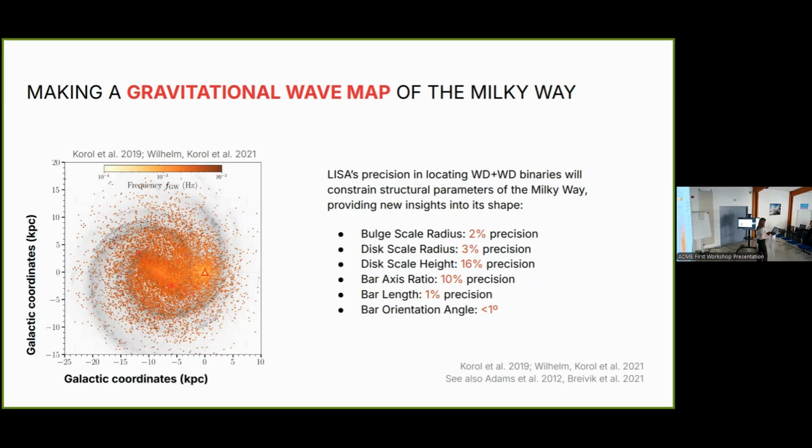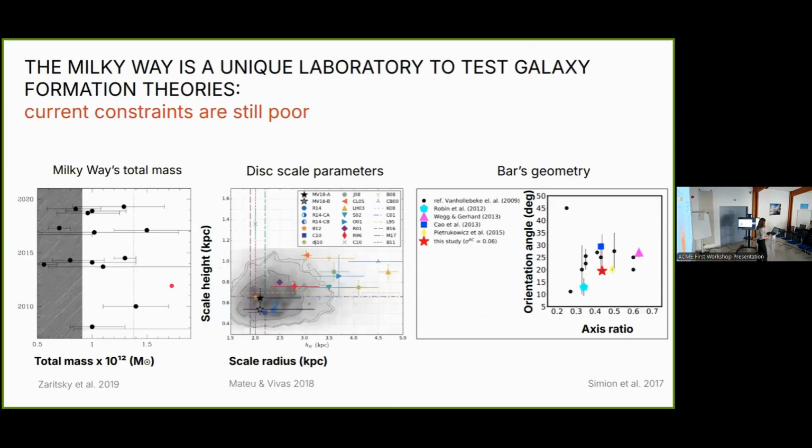Just to put this constraint into context, I wanted to flash some plots that use different stellar tracers to look at the Milky Way total mass, scale radii, and the bar geometry. So these are using other, electromagnetically observed stellar tracers, not gravitational waves.